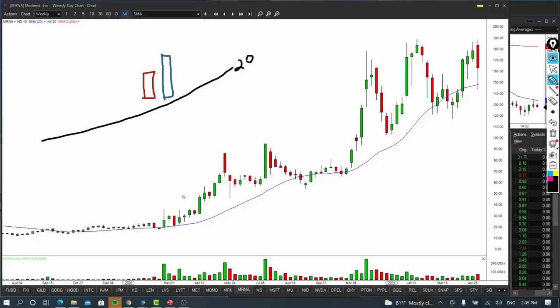Let's say you're getting in right above. You don't wait for this bar to finish. Get in right on that cross. Boom. See, get in right there as soon as it crosses. You don't have to wait. Boom. Now, where do you protect yourself?